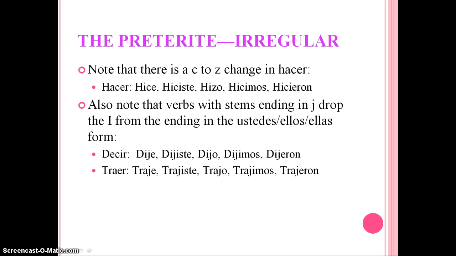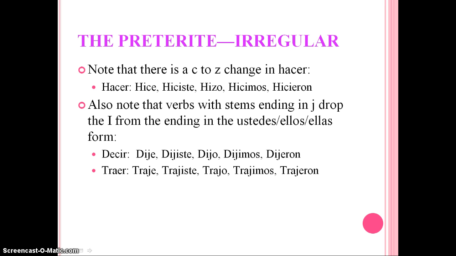Okay, there are also some things to notice with some of these irregulars. There is a C to Z change in hacer. So where your stem is hic, when it comes to the third person, that becomes hiz, not hic, because remember, if you're following C with an O, it'll say hico instead of hizo.